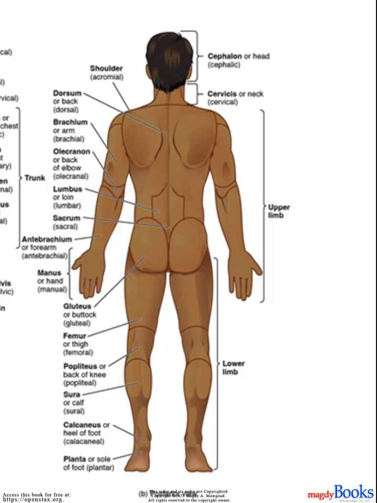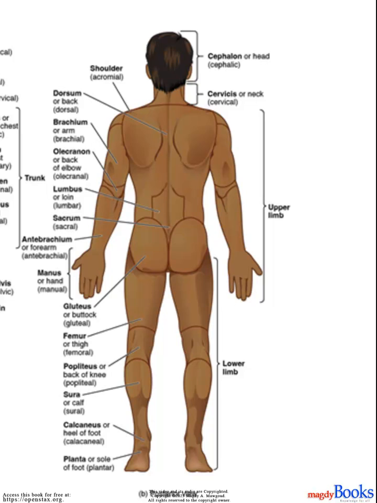Manus or hand, manual. Gluteus or buttock, gluteal. Femur or thigh, femoral. Popliteus or back of knee. Sura or calf, sural. Calcaneus or heel of foot, calcaneal. Planta or sole of foot, plantar.